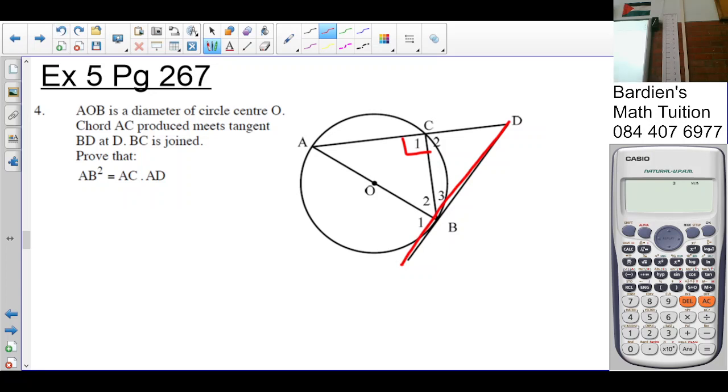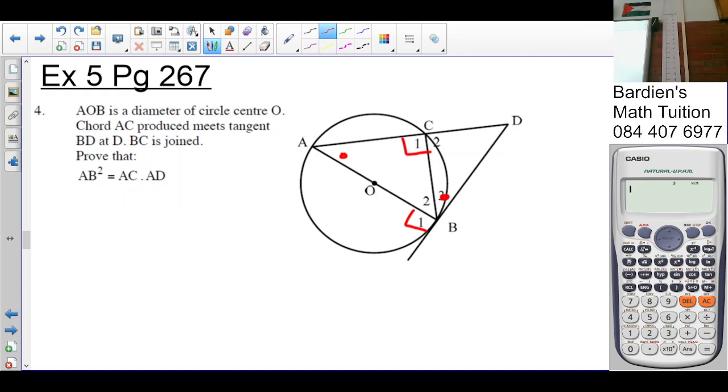Angle B3 is equal to angle A, tan chord theorem. And this is the radius, and it's a tangent, so that angle B1 is going to be 90. Radius perpendicular to tangent, or diameter perpendicular to tangent.